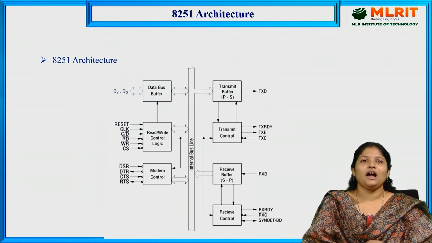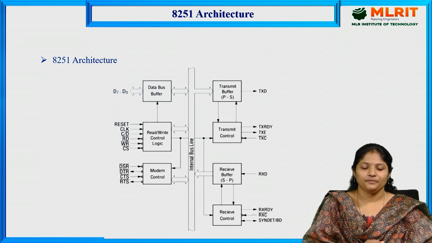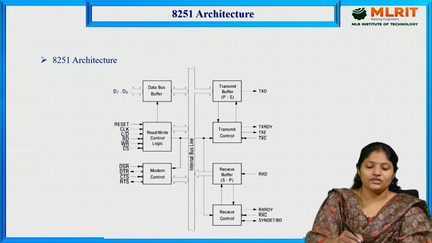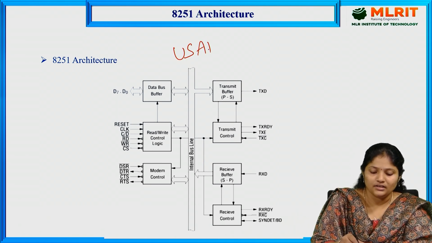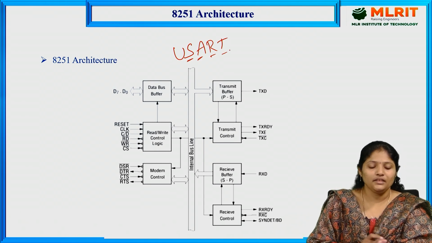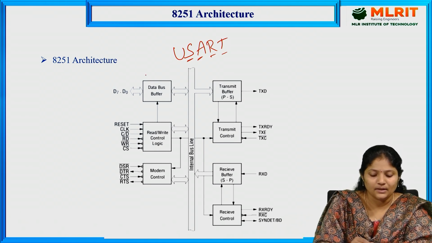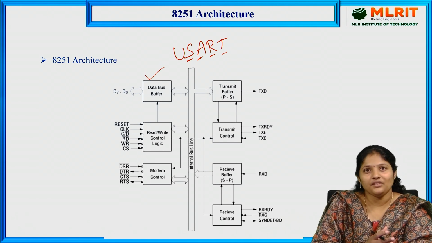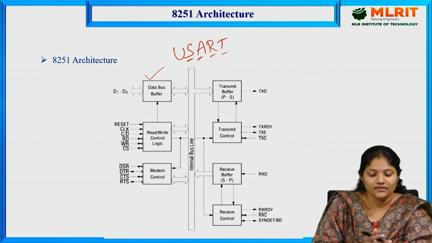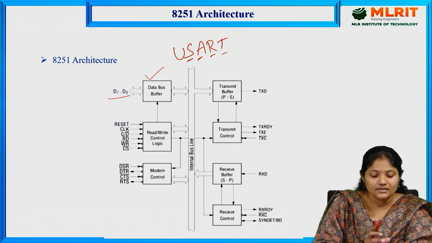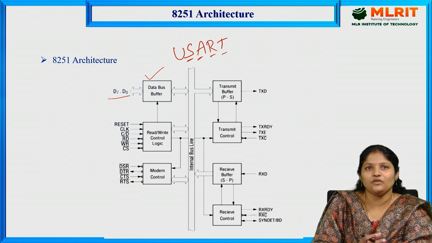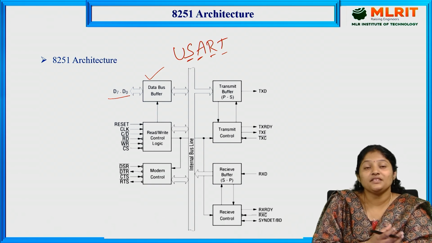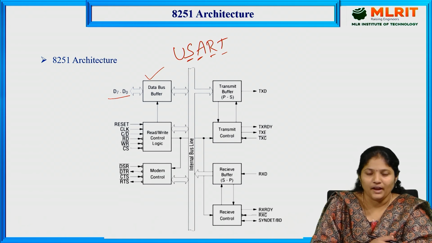Next, coming to the architecture of 8251. So here, this is the architecture of 8251 USART, Universal Synchronous and Asynchronous Receiver Transmitter. Here the first main block is the data bus buffer, which transmits or receives the data. These D0 to D7 data lines will be synchronized with the system bus of the 8086 microprocessor.